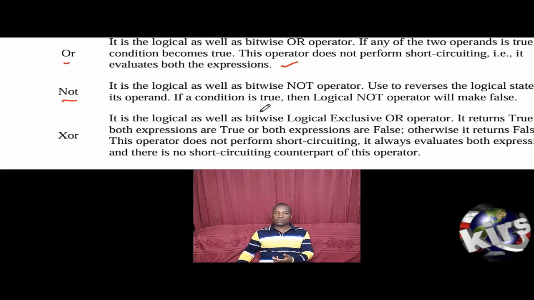It is a logical as well as bitwise logical exclusive OR operator. It returns true if both expressions are true or both expressions are false. Otherwise, it returns false. This operator does not perform short circuiting. It always evaluates both expressions, and there is no short circuiting counterpart of this operator.